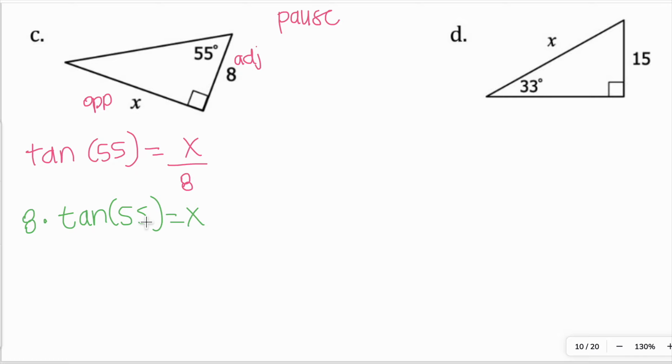So tangent 55 is going to give me 1.4281. And then I'm just going to take that and say times by 8. And I should get about 11.4.